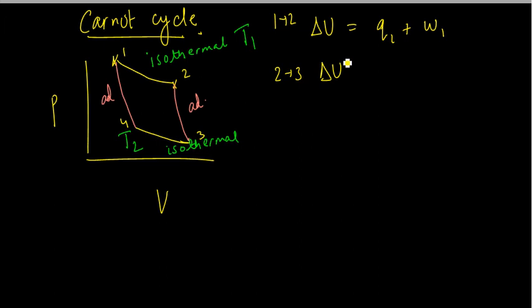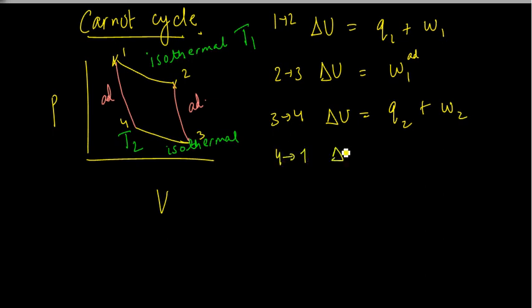The work done would be, let's say, W1 adiabatic. 3 to 4 is again an isothermal compression, so that's Q2 plus W2, and 4 back to 1 is again an adiabatic compression.